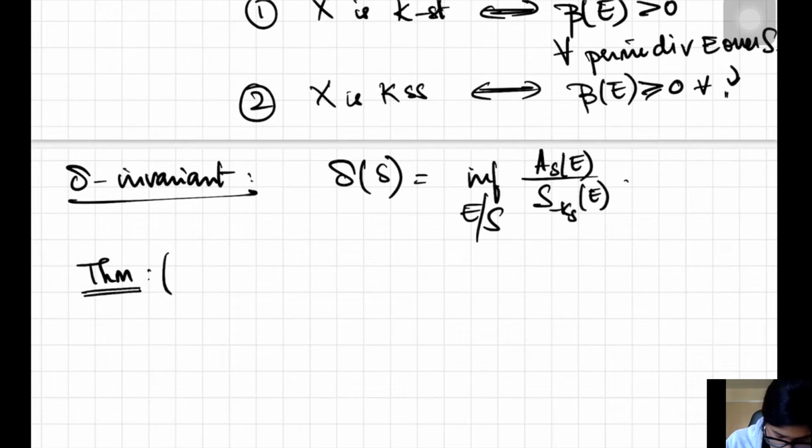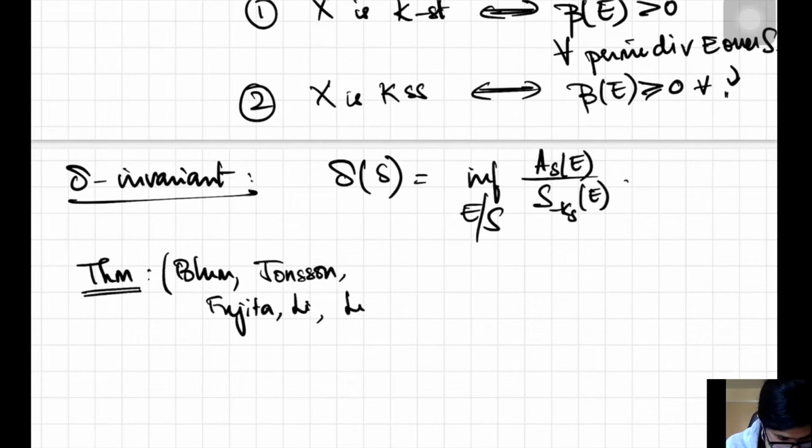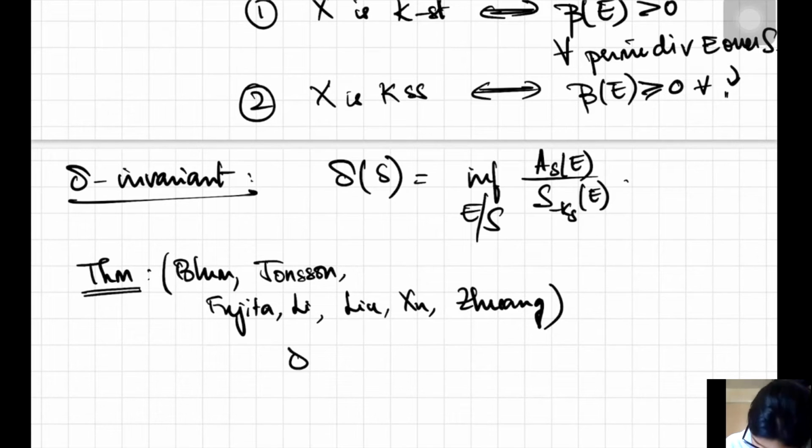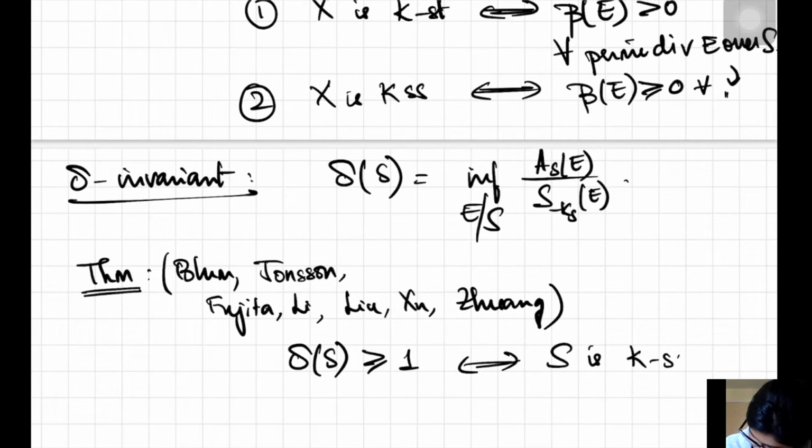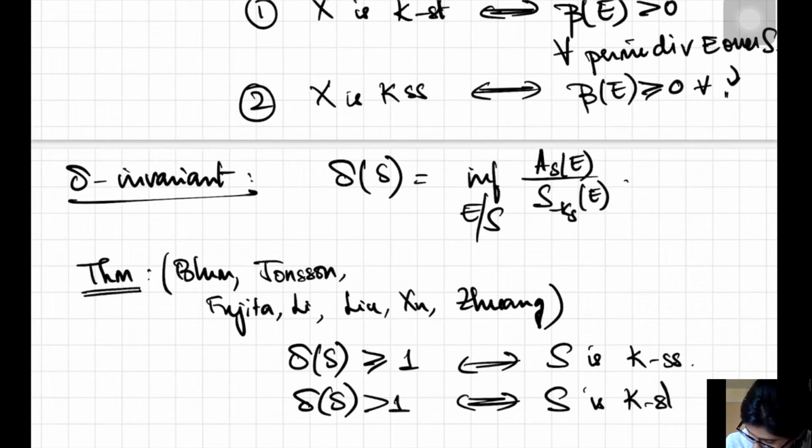Because this is now given by Blum, Jonsson, Fujita, Li, Liu, Xu, and Zhuang. I think I haven't missed anybody, but hopefully I've mentioned all of them here. So as long as delta of S is greater than or equal to 1, then you know S is K-semistable. If my delta of S is greater than 1, then I know my S is K-stable.